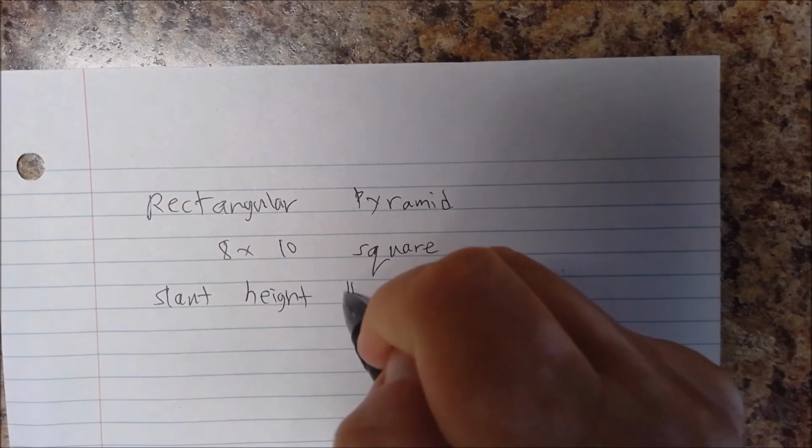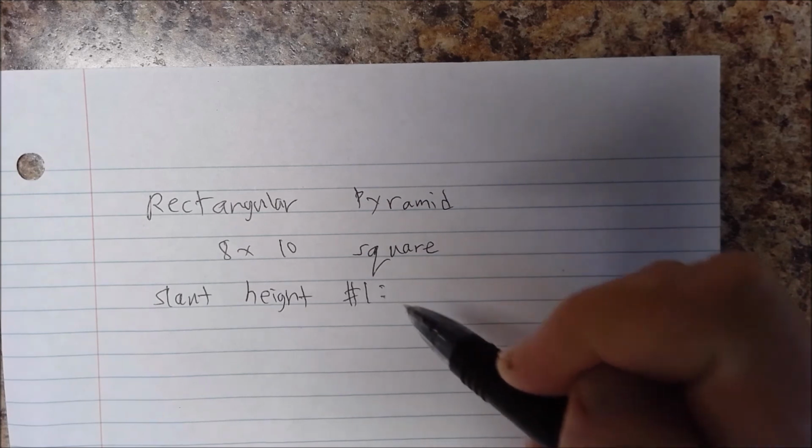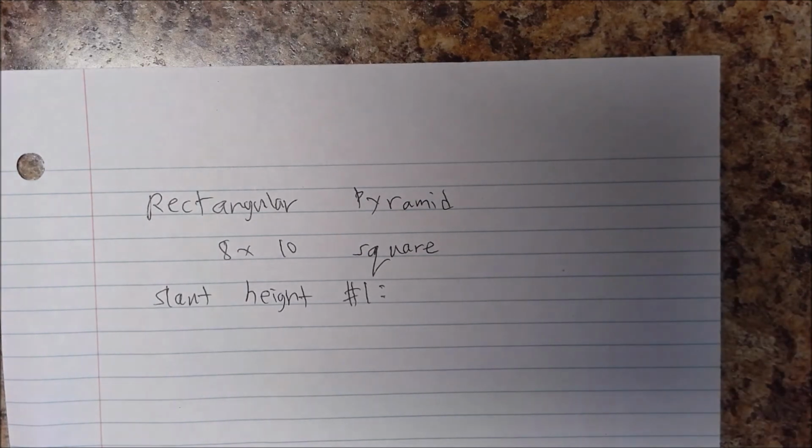So slant height number 1 of our first set of triangles is going to be, let me see, 16.5.